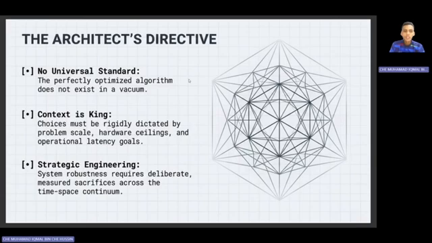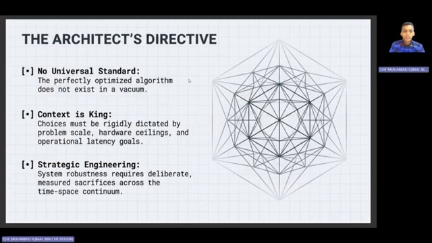Context is king, choices must be dictated by problem scale, hardware ceilings, and operational goals. Strategy: engineering system robustness requires deliberate, measured scalability across the time-space continuum.